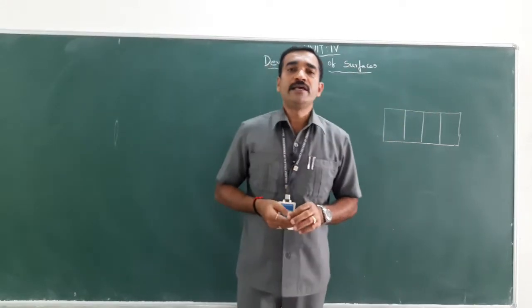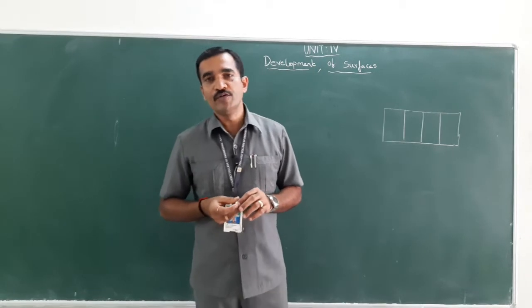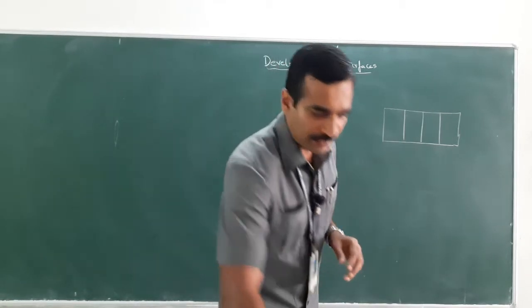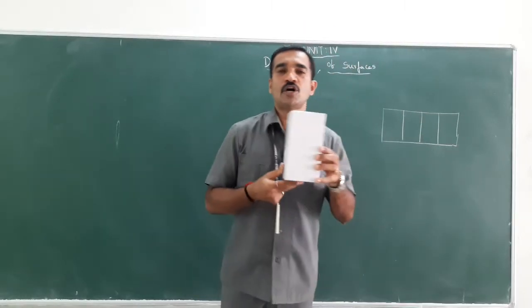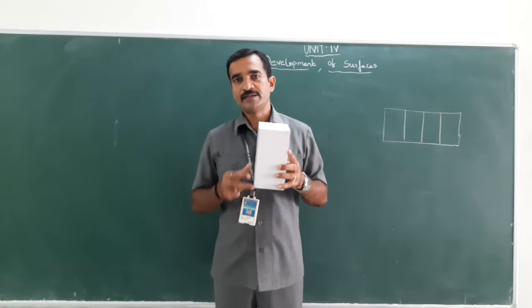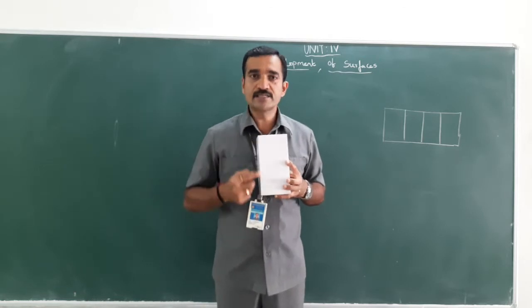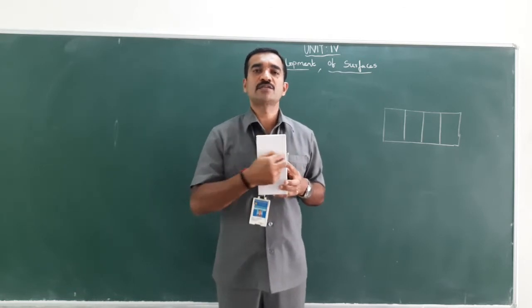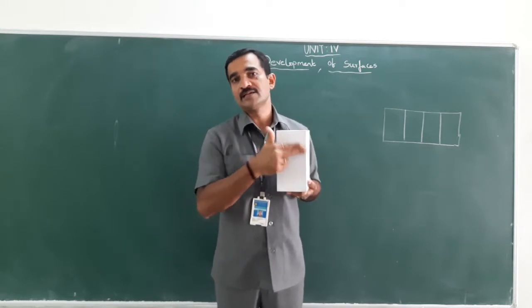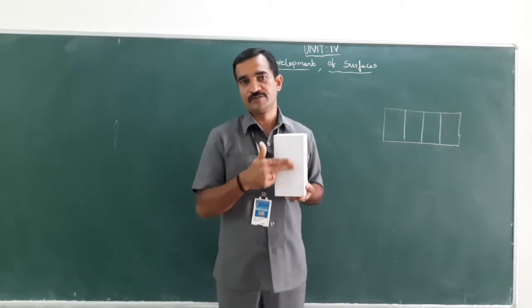Fine. See, the surface which is generated by moving a straight line is called a plane surface. For example, this is a square prism. Right. So, look here. This is a line, right. If I move this straight line, you will get the surface. This is a plane surface or the lateral surface.